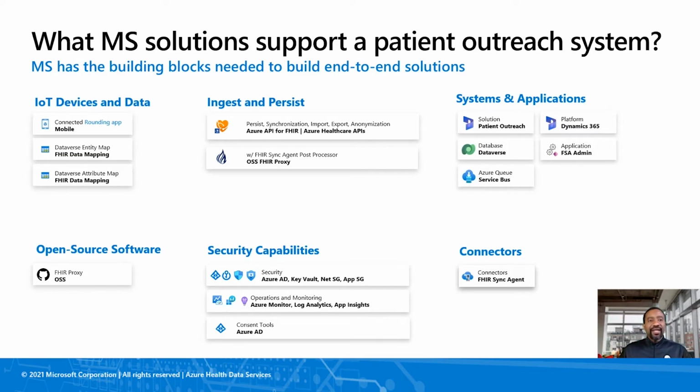We can bring data in using a number of other tools, but the most important things for this specific use case are, once we get the data from our mobile app, how do I map that to elements that exist in Dataverse? We've got a FHIR data mapping tool that's going to help us take the data as it lands in FHIR and map it into Dataverse, Dynamics, Cloud for Health.